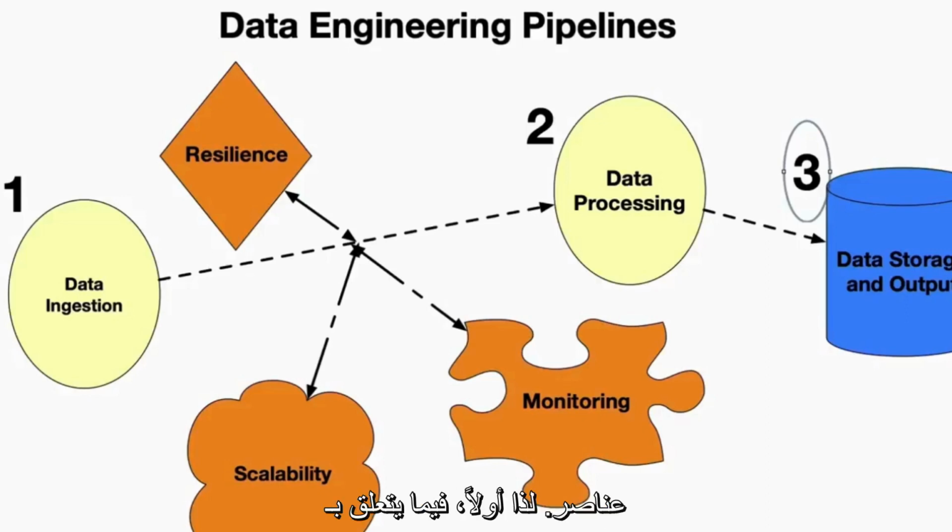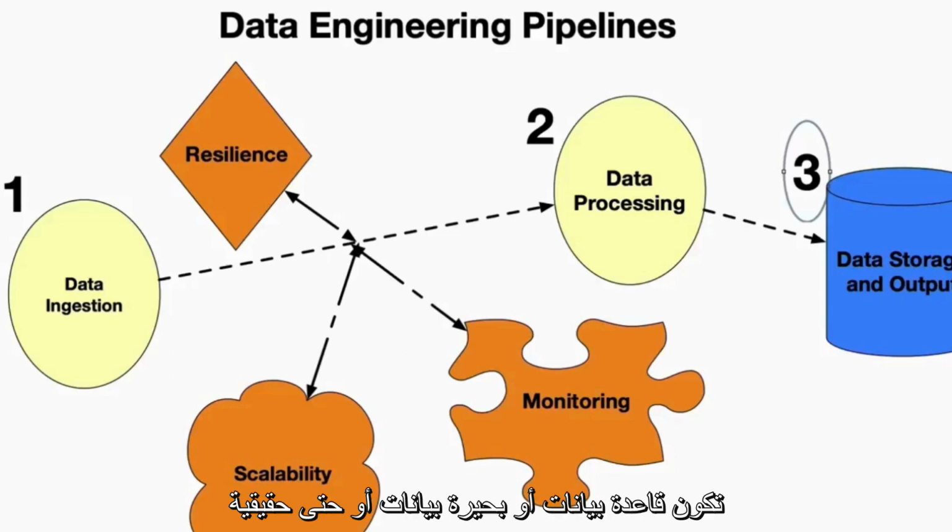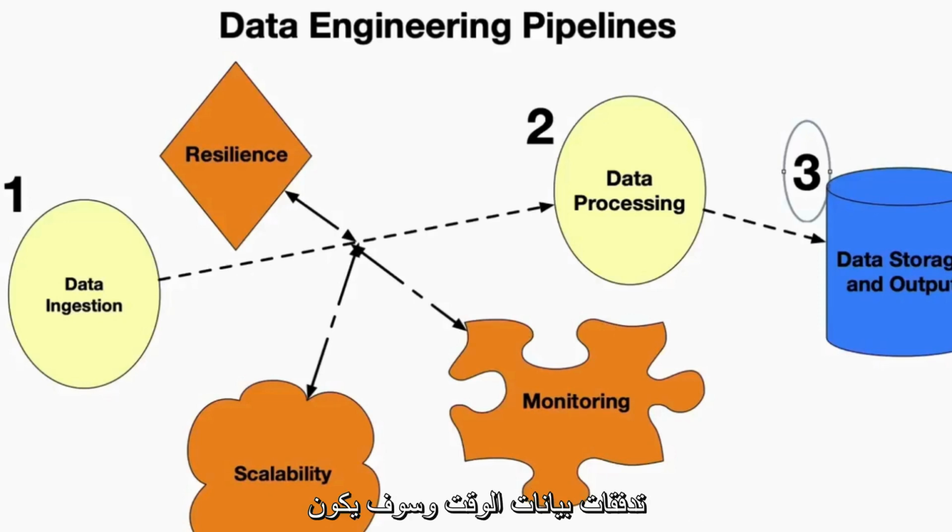So first up, in terms of the ingestion, this is the most important part of a data pipeline. Really, it's can I get anything to work? And the data can come from multiple sources. It could be a database, a data lake, or even real-time data streams. And it's going to be able to process that data from a collection standpoint.